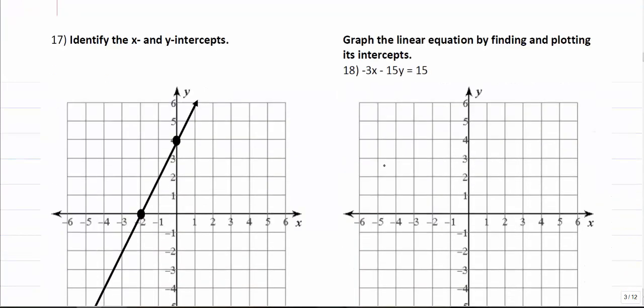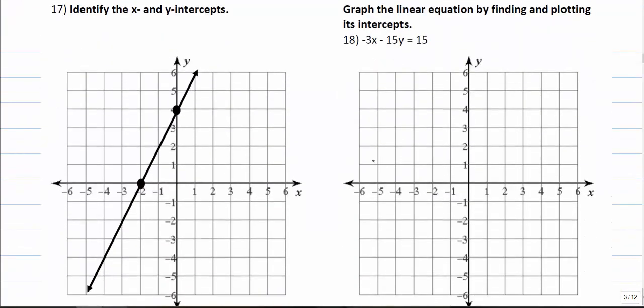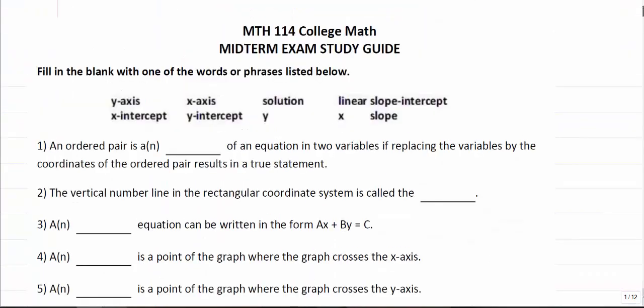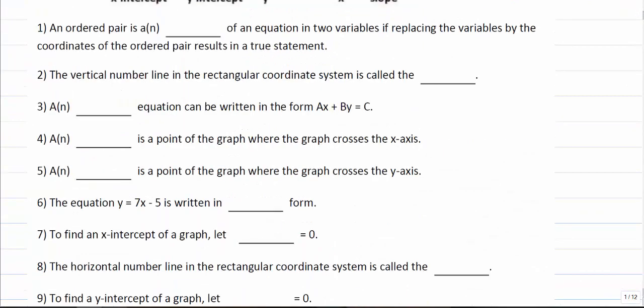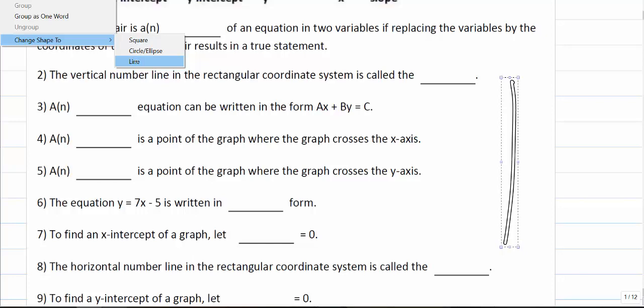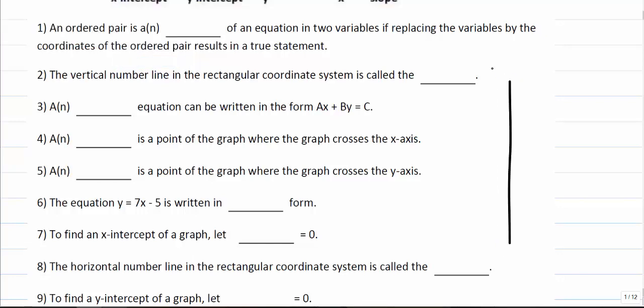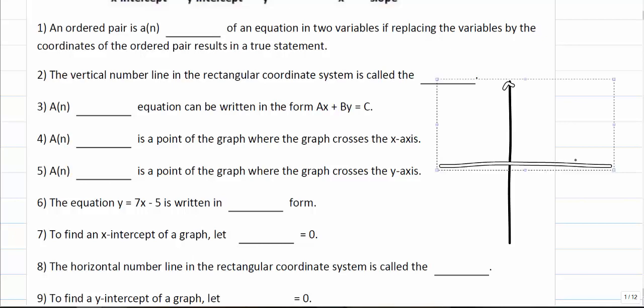All right, number 17 has to do with the x and the y intercepts. So if I come up here back to my definition page, this is kind of important. One of the things that it has to do with in the definition is x-intercept and y-intercept.